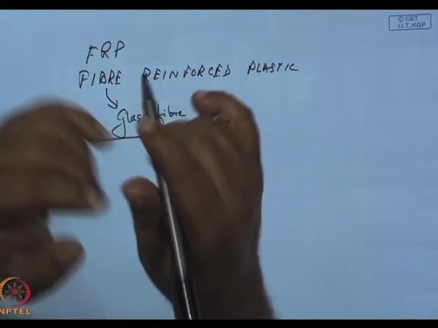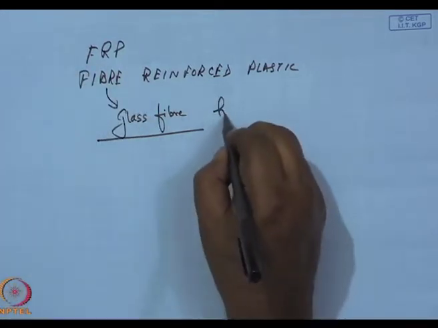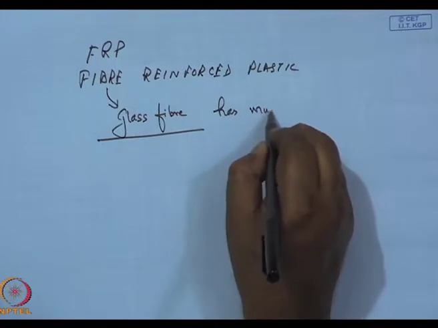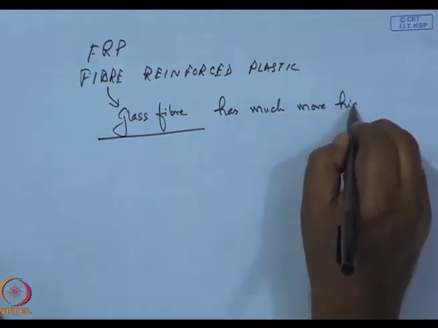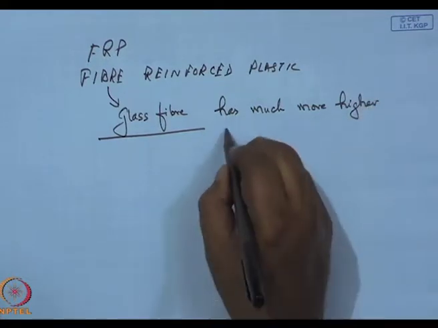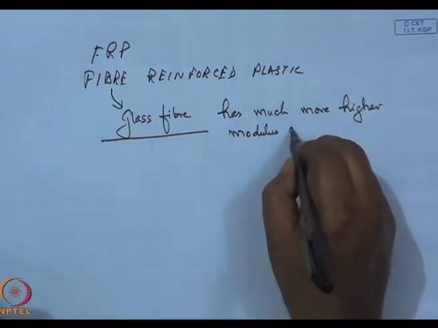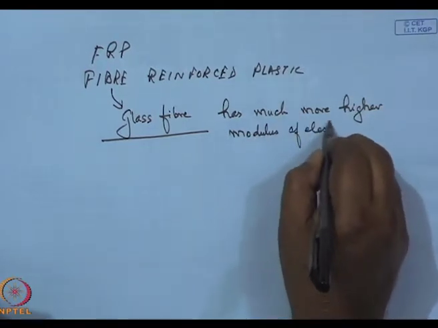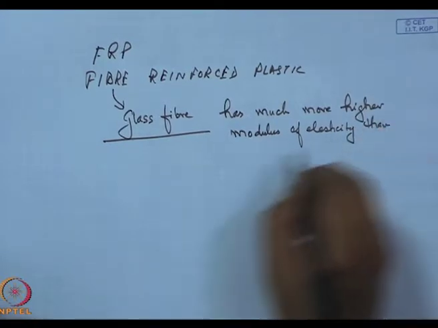So, what happens over here is the glass fiber has much higher modulus of elasticity than the plastic.